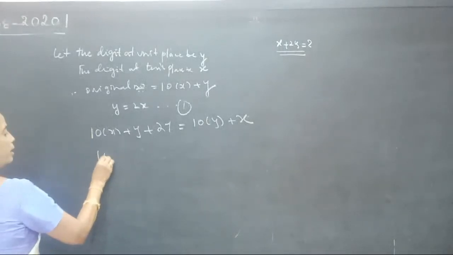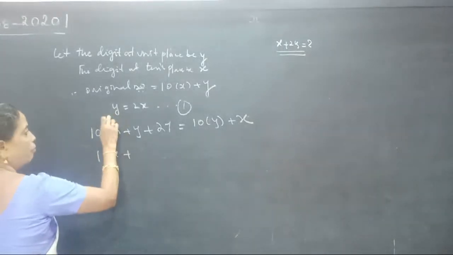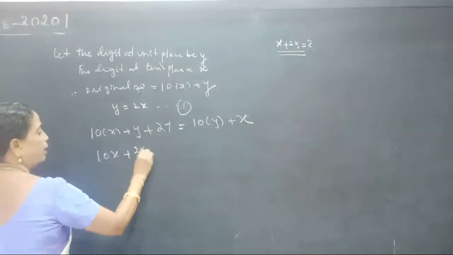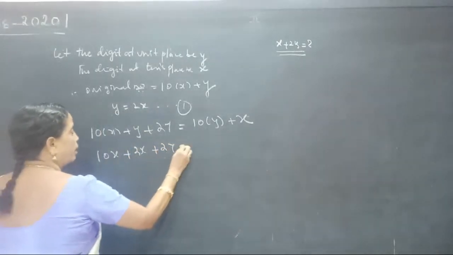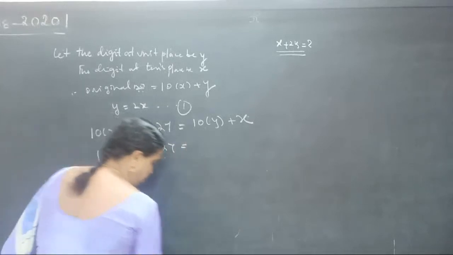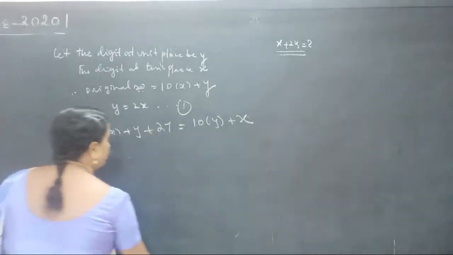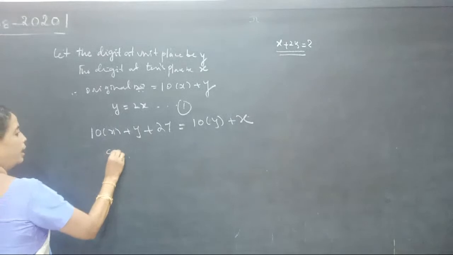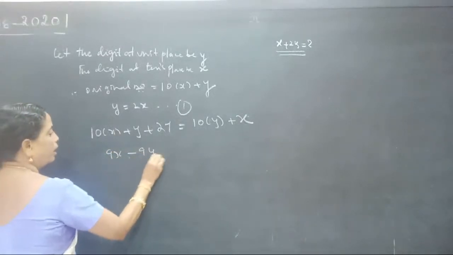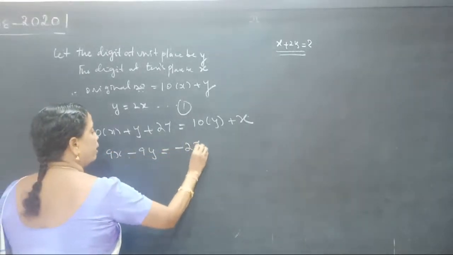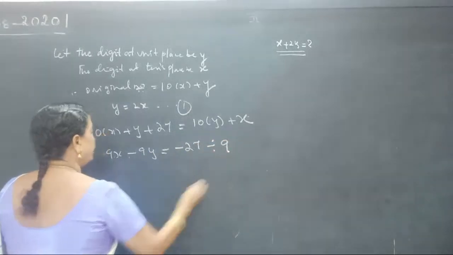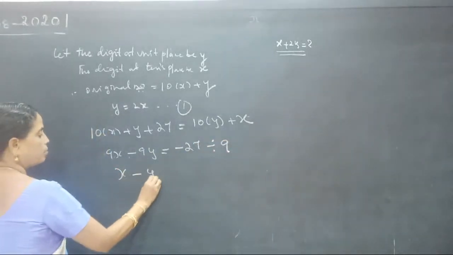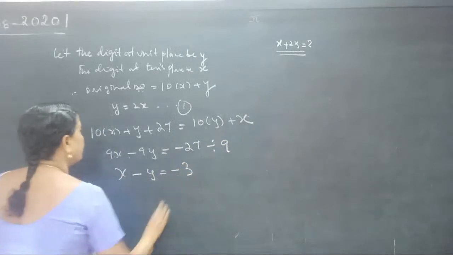What can I write? 10x plus y is equal to 10y plus x, plus 27. Before that, let us simplify. What do you get? 9x minus 9y equals minus 27, dividing by 9, x minus y equals minus 3.